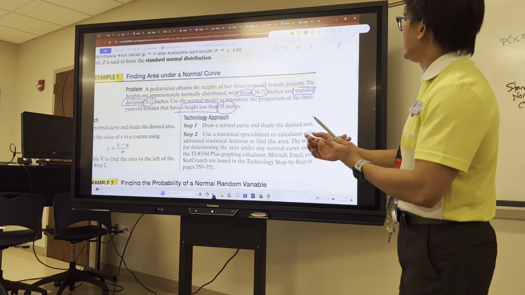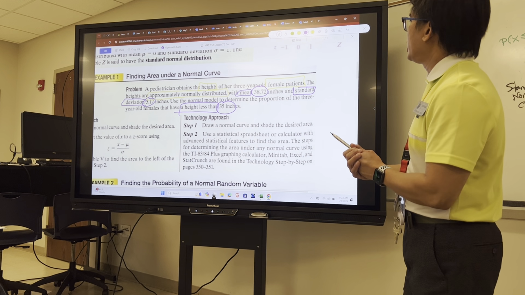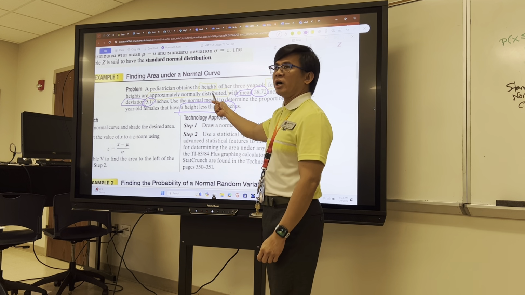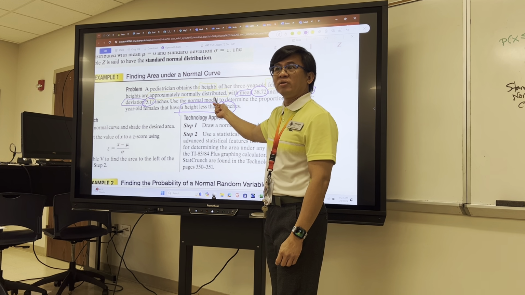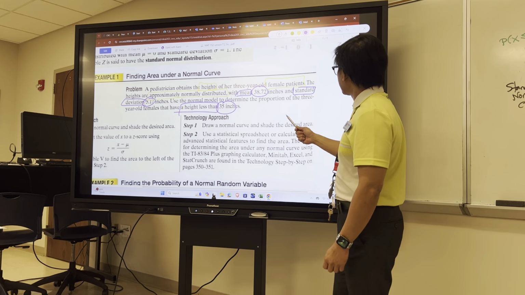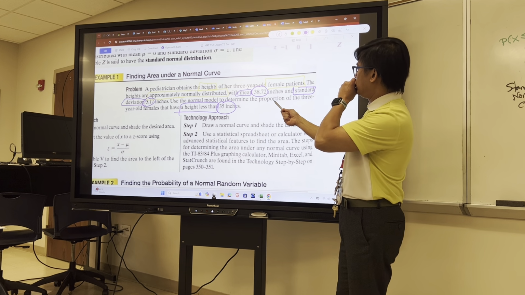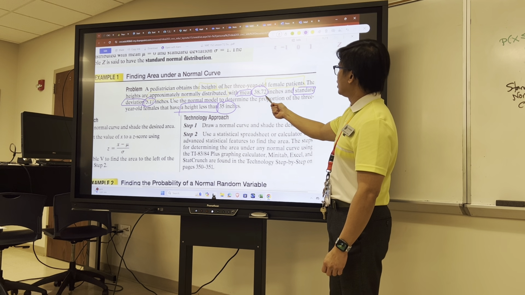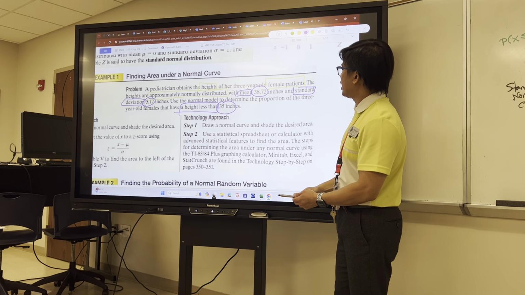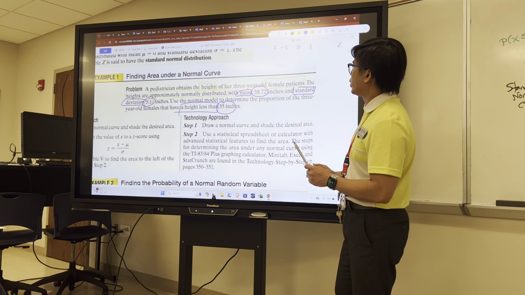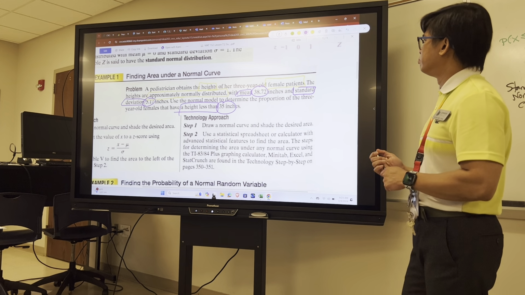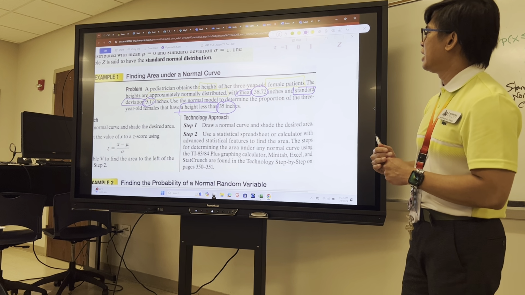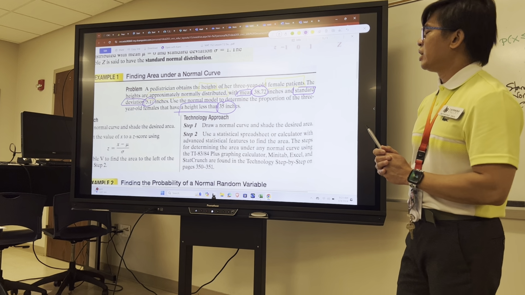So as we may notice in here, it already says that this is what? That the heights are established to be normally distributed. Okay, and with that being said, the population mean is already given for us in this case, and with that being said, we can already consider getting the proportion of the 3-year-old females that have a height less than 35 inches.